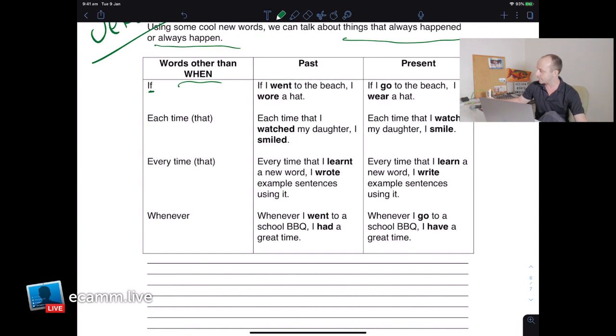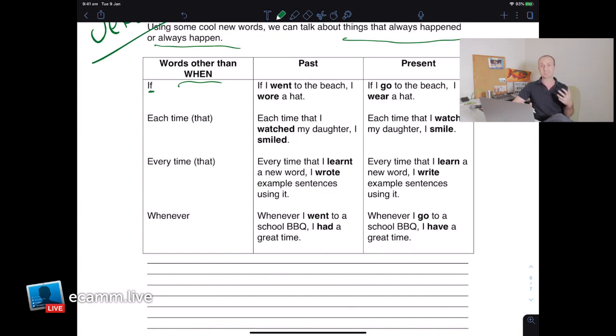If I went to the beach, I wore a hat. So we can use, Jennifer, I don't know if you are in Australia or you ever have been. And if I have taught you and I don't remember, I'm very sorry. But Kaz and Alex, you have. So now you are in Brazil and Japan.